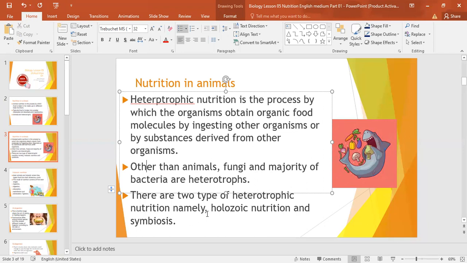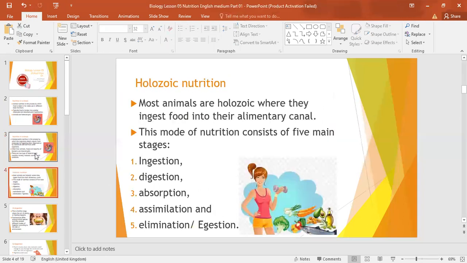But holozoic nutrition is totally different. It happens in a single individual, in a single animal.